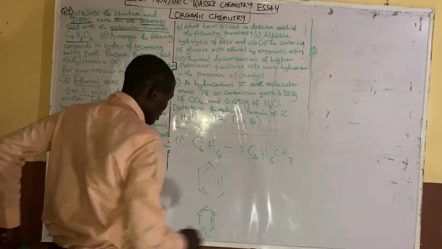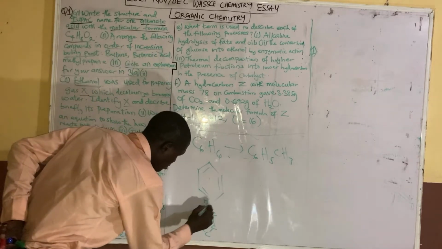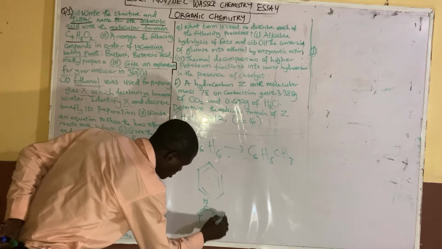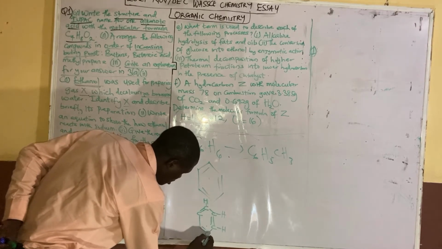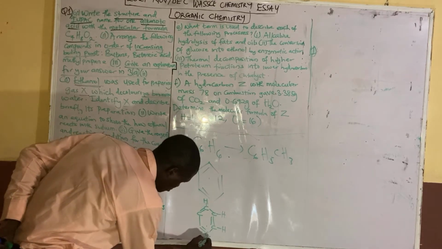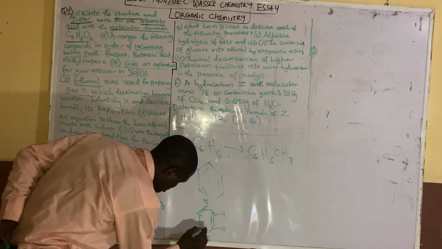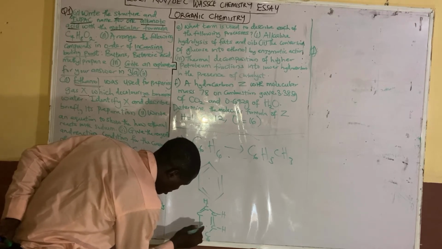And if you want to fill in the hydrogen, these ones already have 1, 2, 3, 4. So one hydrogen, another hydrogen here, another. Don't forget that there is C here with a double bond.